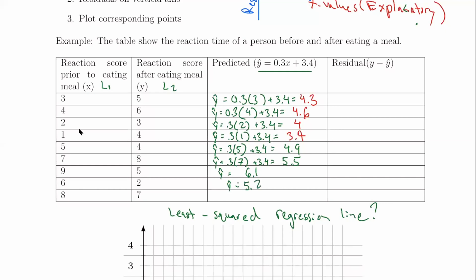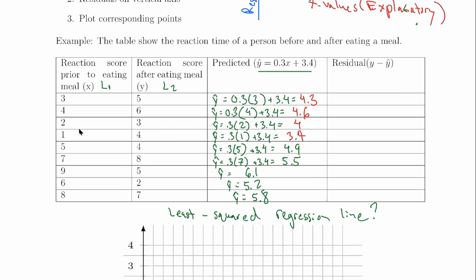And lastly, the y hat is equal to 5.8. Any questions so far on how I found the predicted value? All right, no questions. Perfect.